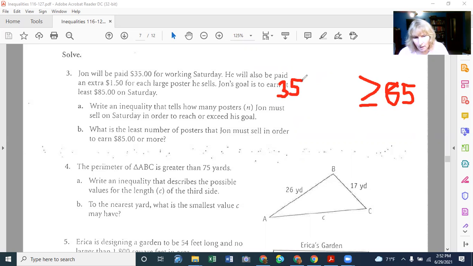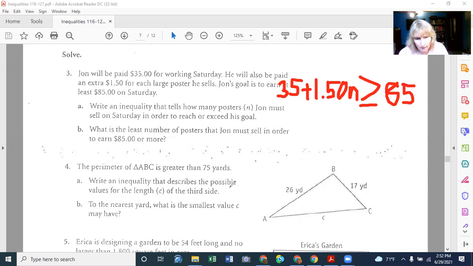And then he makes an additional $1.50 for each poster he sells. So if he sells 2 posters, that's $1.50 times 2. If he sells 3 posters, that's $1.50 times 3. So we don't know the number, so we're going to call it N. So it's 1.50 times N. So that would be the inequality you would write.